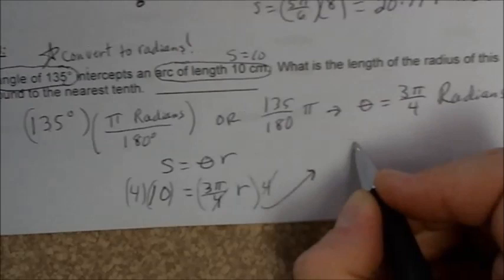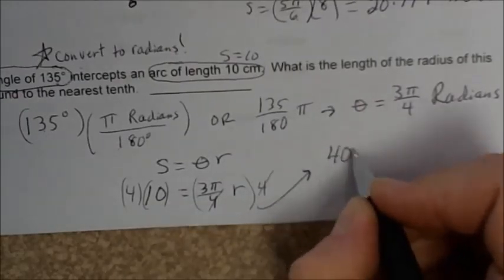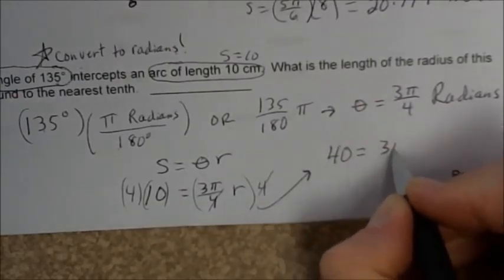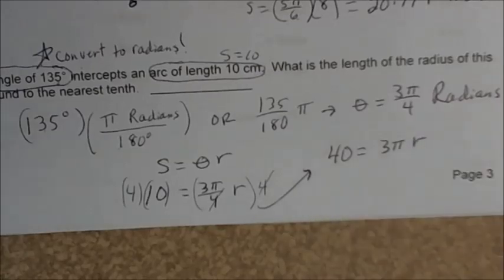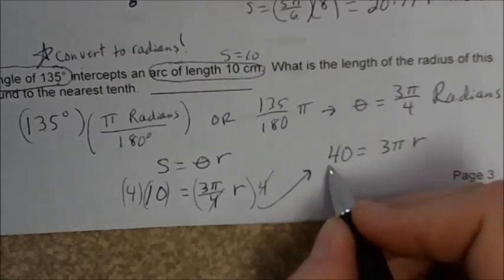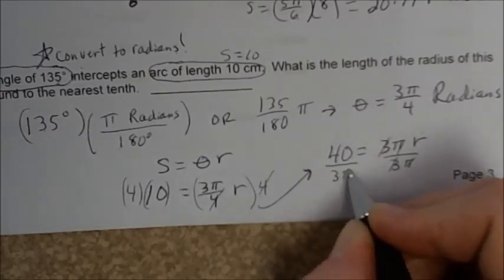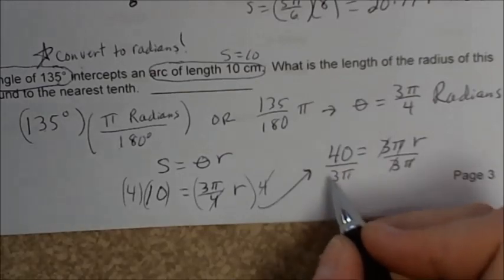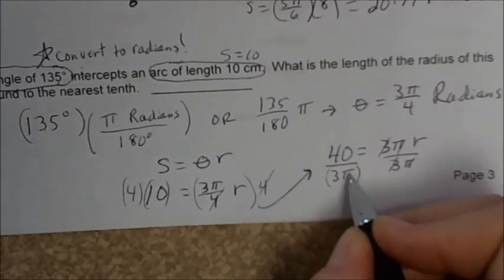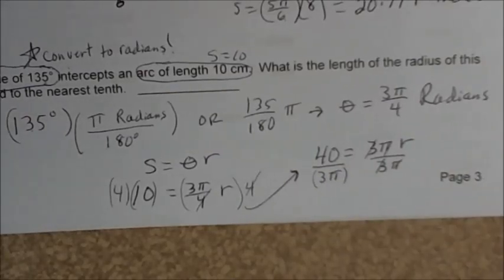4 times 10 is 40, is equal to 3 times pi times R. And now I'm going to divide both sides by 3 pi. And use your fraction button, otherwise you're going to have to put parentheses around the 3 pi, or else you're not going to get the right answer.